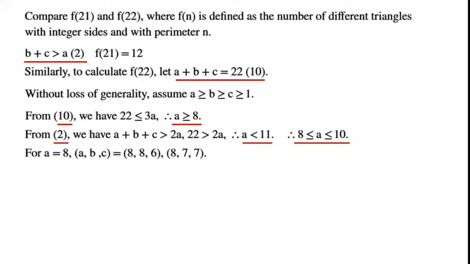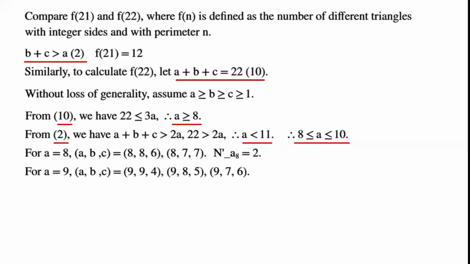For a = 8, (a, b, c) = (8, 8, 6), (8, 7, 7). So the number of triangles with largest side 8 equals 2.